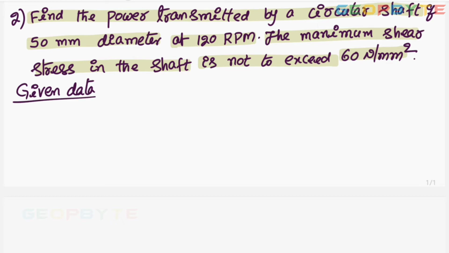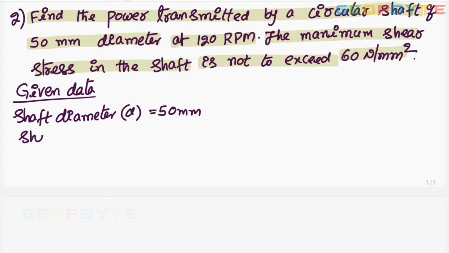Given data: shaft diameter d equal to 50 mm. Shaft speed capital N equal to 120 revolutions per minute.